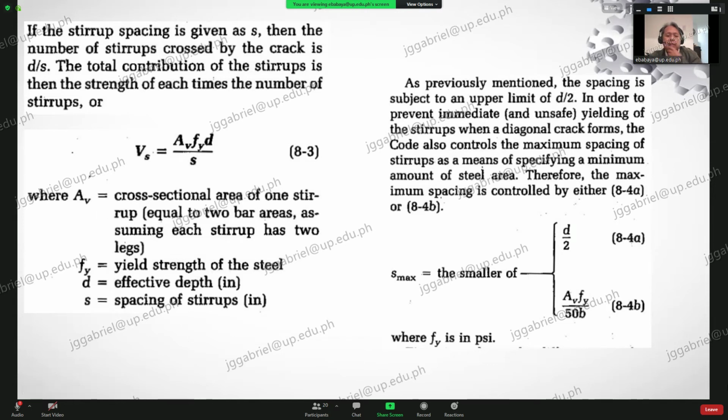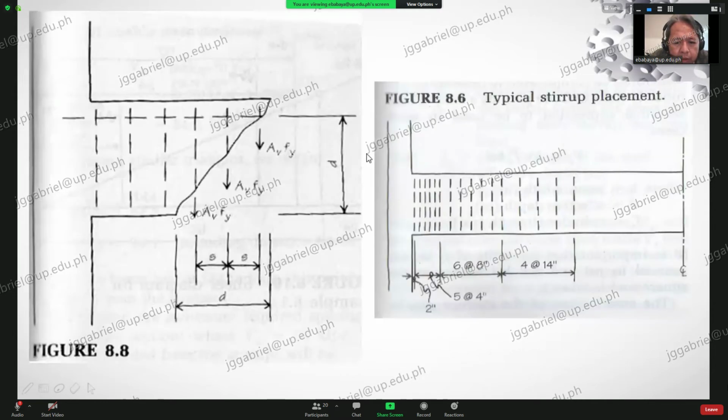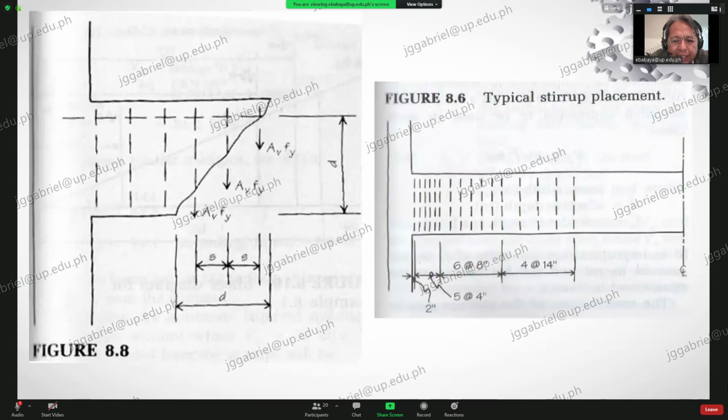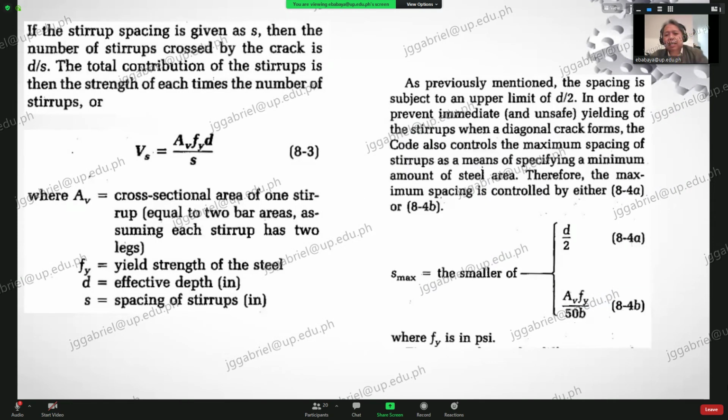Now, I think in my other drawing it's shown there. Sorry, hindi nakapakita. Let me try to draw it.